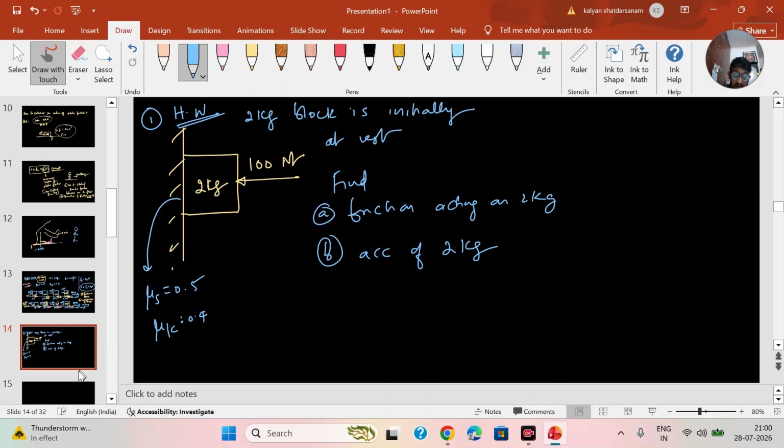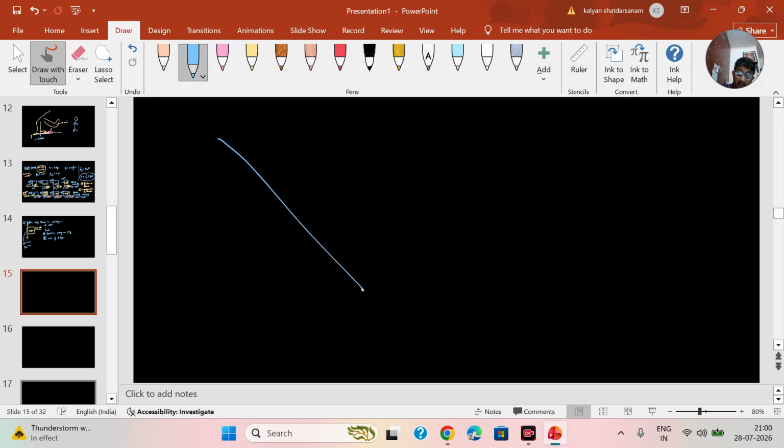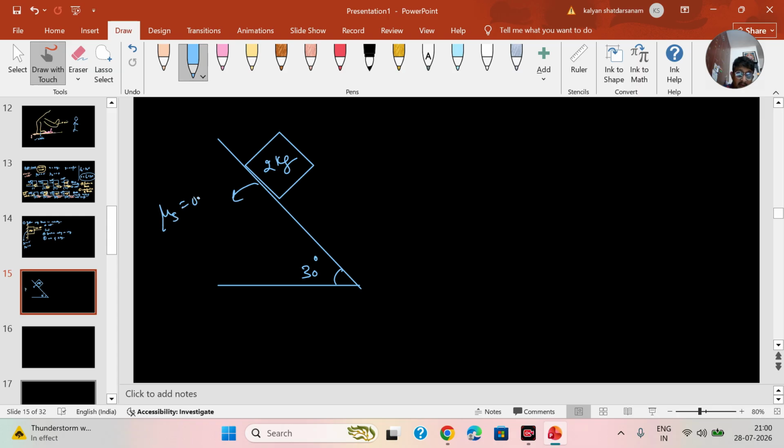Now the second question is very notorious. So let's look at that. I've got an inclined plane, the angle of inclination 30 degrees. I've got a 2 kg block here. The coefficient of static friction is 0.5, kinetic friction is 0.4.